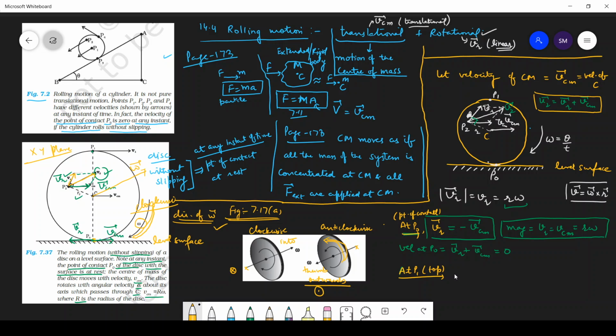So its velocity we can write as V1. At the top its velocity is written as V1.